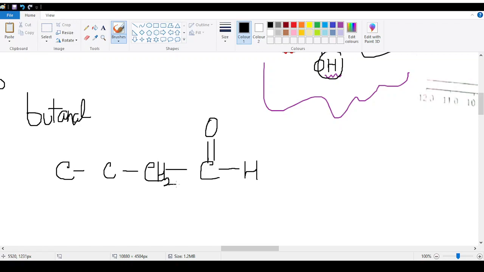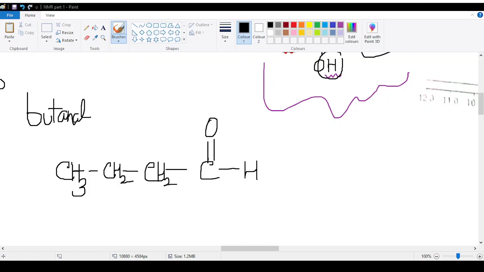I want you to tell me how many different chemical environments there are, and as a result, how many different peaks we expect in the graph for butanol.